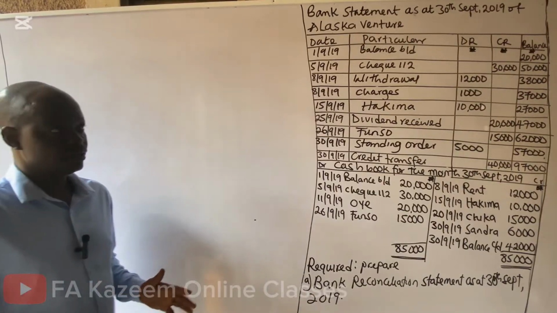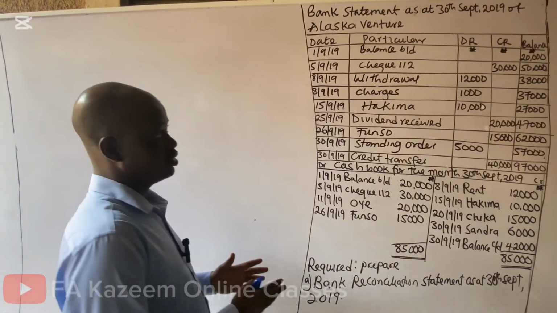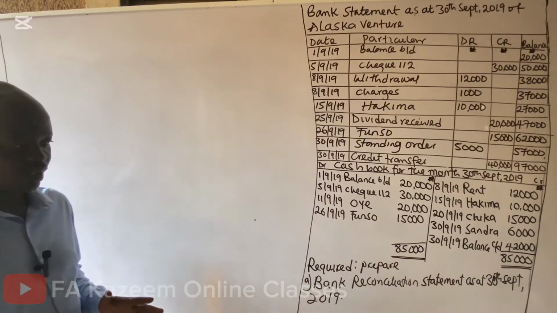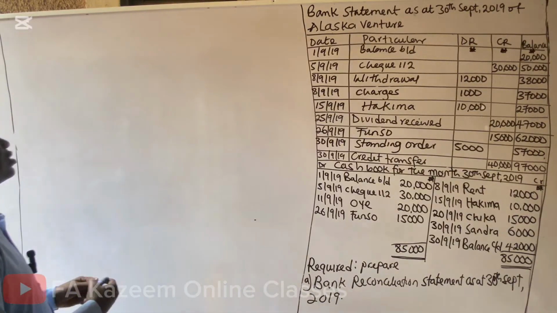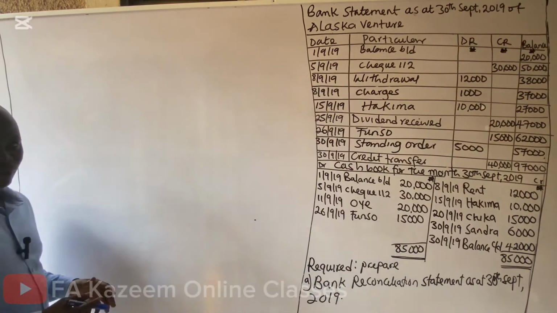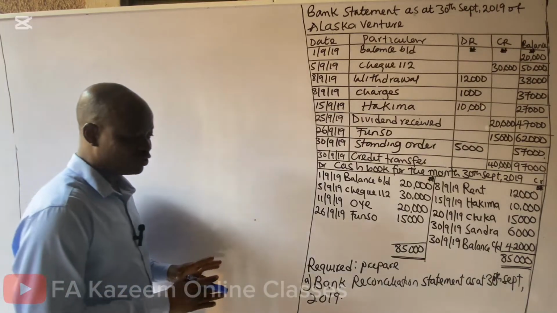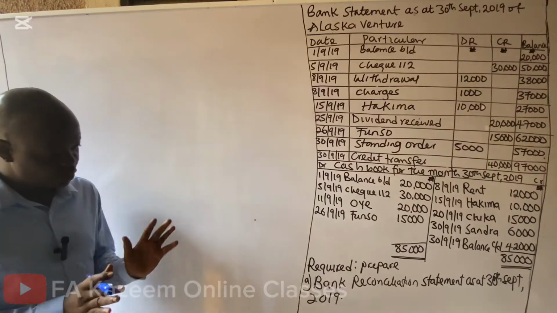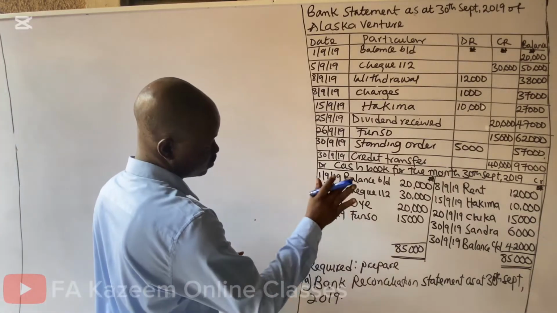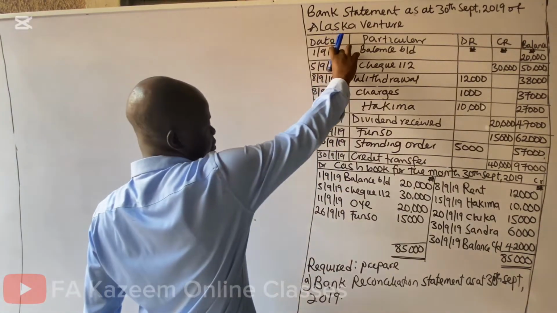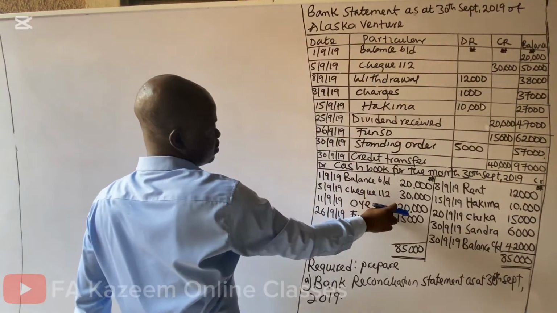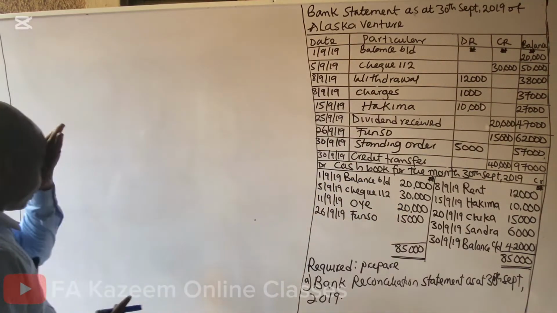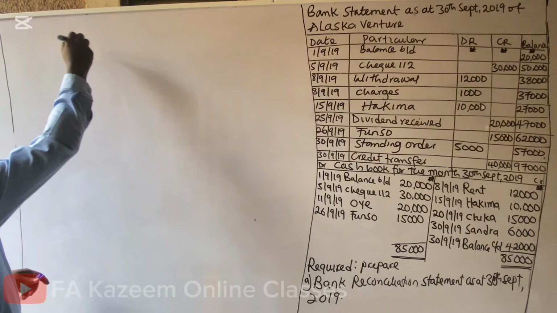We're looking at the third illustration on bank reconciliation statement. And we want to look at the direct method. Under the direct method, no adjusted cash book is prepared. You just prepare bank reconciliation statement. This is the bank statement, and this is the cash book. Now, this is Alaska Venture.